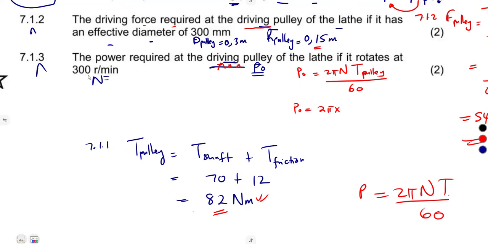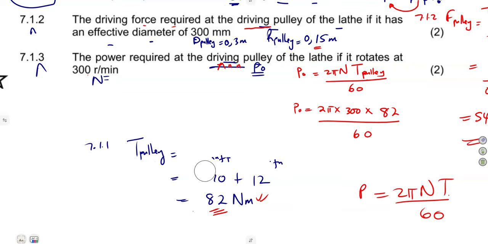2 pi times the speed, 300 revs per minute that we are given there. So that's it. Times the torque of the pulley. We calculated that, 82 over 60. So that's simply how you can play around with these typical questions.